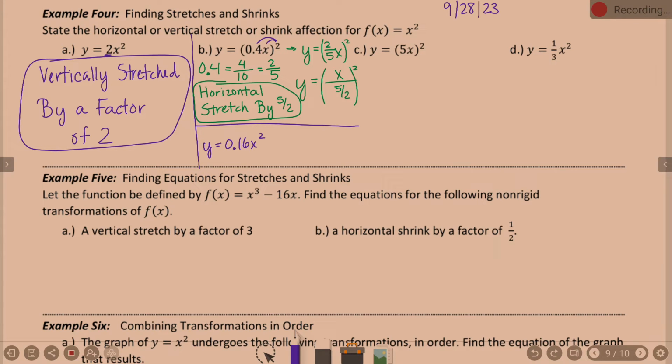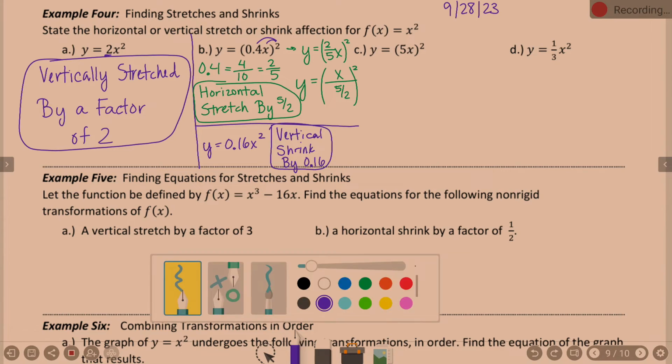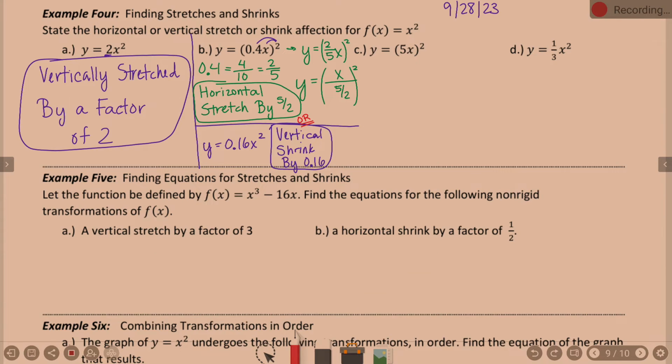So this could also be considered a vertical shrink by 0.16. Okay? That's an either-or type thing. Would either one be right on the test? Yes, either one would be right.